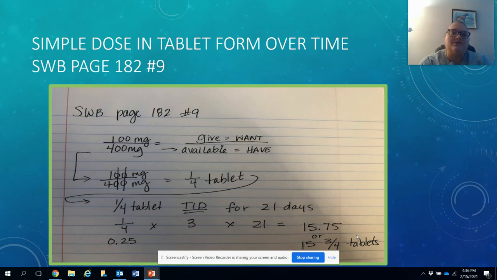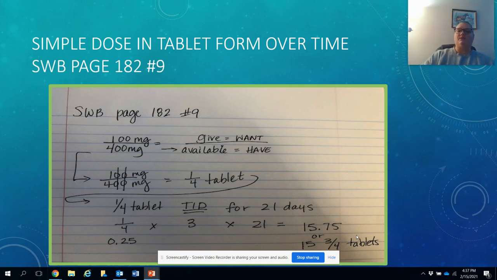All right, let's move on to simple dose in tablet form over time. We're now on student workbook page 182, and this is number 9 I chose. You're told to give 100 milligrams of a drug, and what you have available is 400 milligrams. You don't need to convert that because it's milligrams over milligrams. So you just divide it out, and that's 1/4 of a tab.